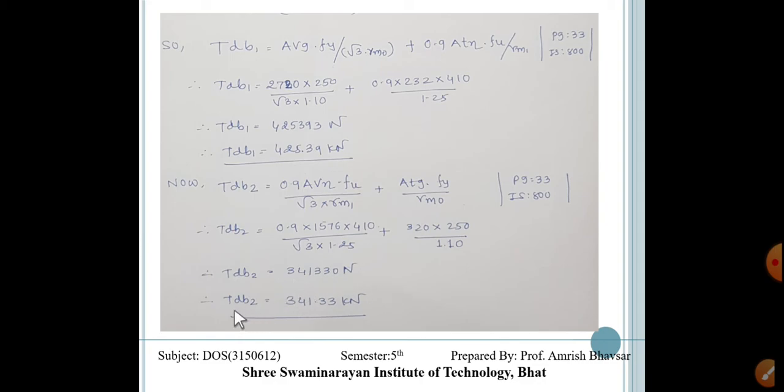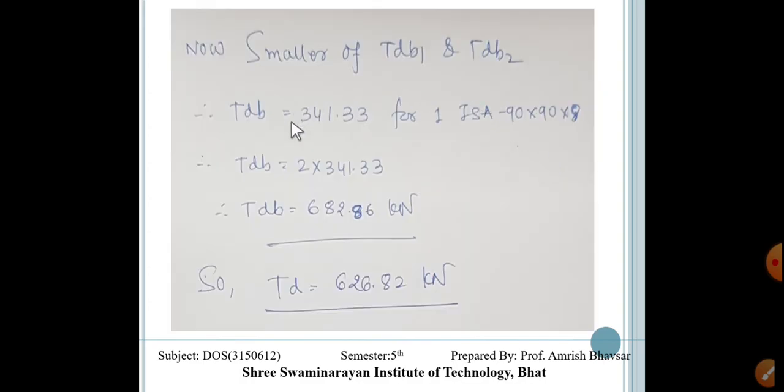So TDB2 is equal to 341.33 kilonewton. So here we have these two capacities due to block shear failure. So we will consider the smaller of these two as the block shear capacity. So the TDB, the smaller of those two, is 341.